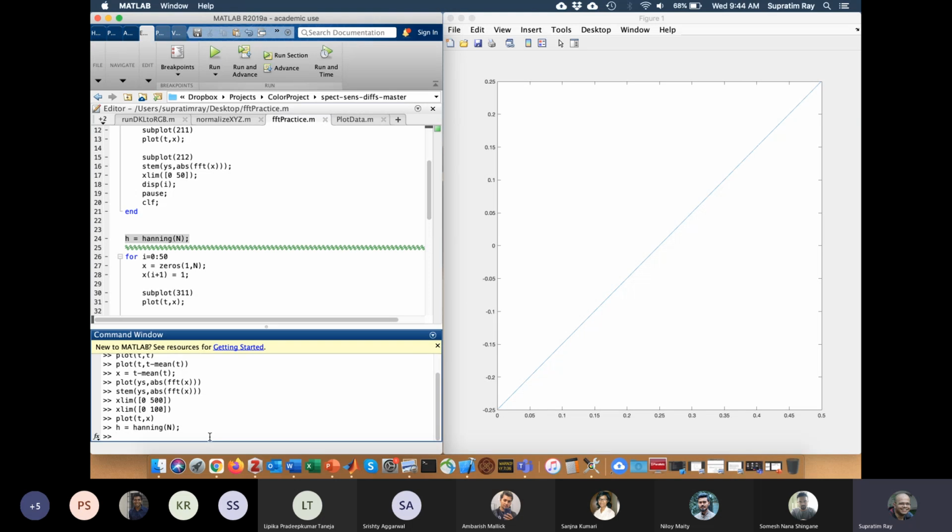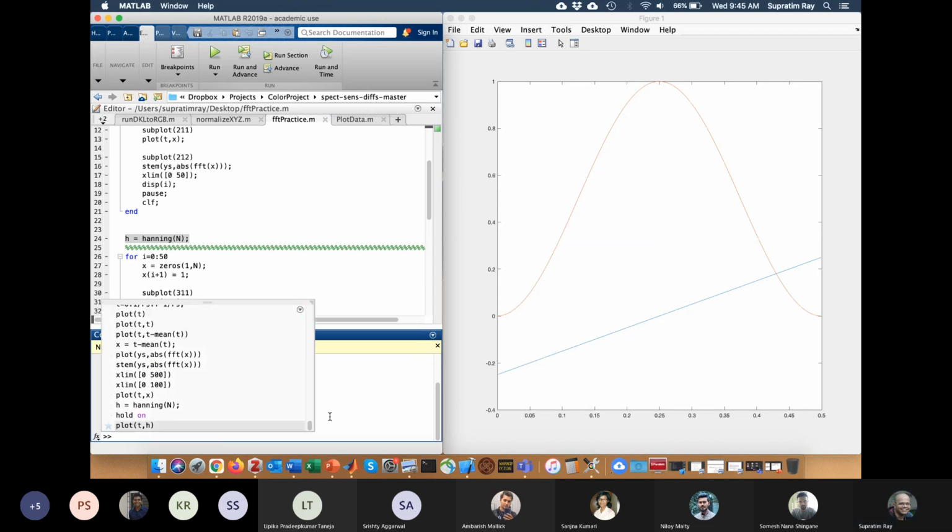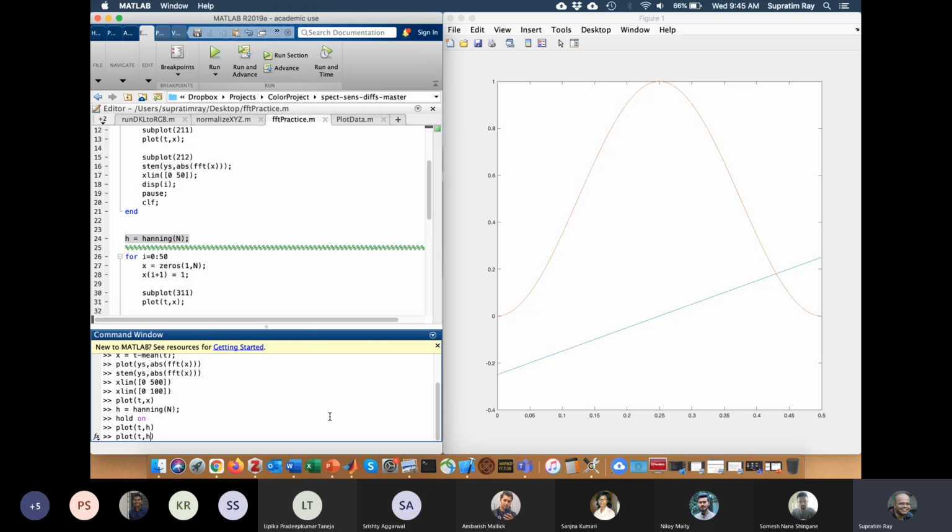The window, so hold on, plot H, plot t, H. This is what the Hanning window looks like. So essentially, I'm saying that I'm going to multiply my original signal with the Hanning window, and that is going to just look like H dot star t.